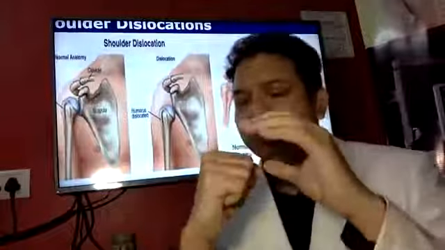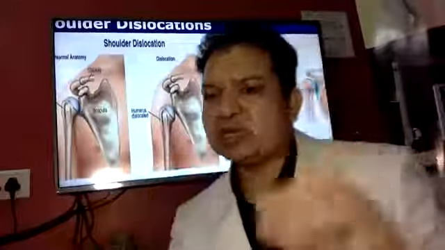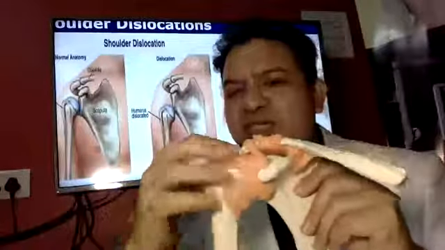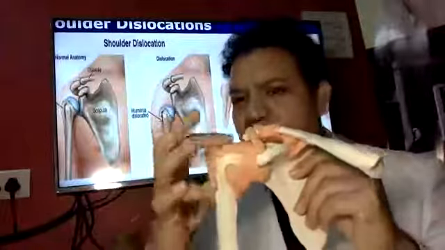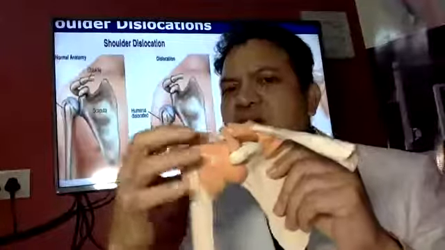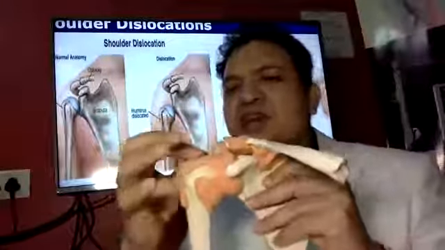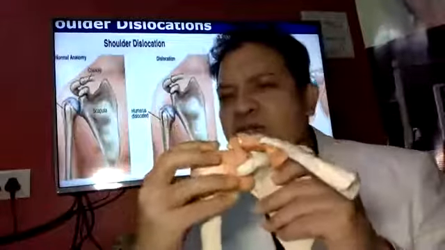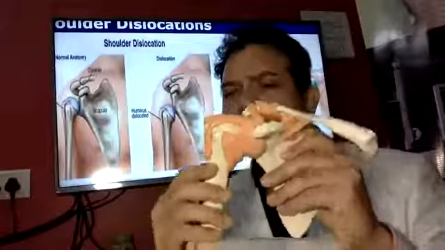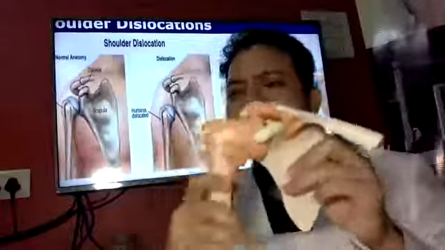But if you look at these, these are the various ligaments over here. Can you see these ligaments? If these ligaments are intact, definitely this shoulder won't dislocate. Look at this, these are fixed with the ligament, it is not moving at all.